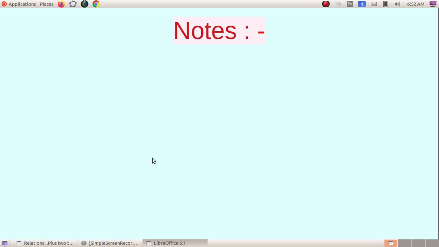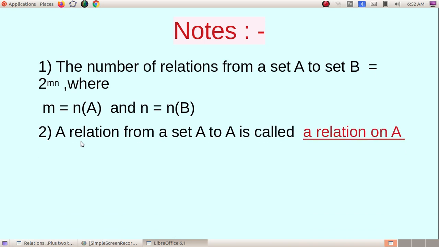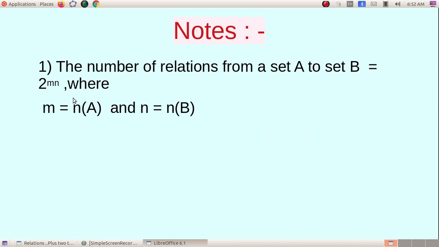Let's write these facts as our notes. The first note is that the number of relations from A to B is equal to 2 raised to mn, where m is the number of A and n is the number of B. We mentioned it earlier, so there is no need for any description. The second point: are two sets compulsory to define a relation?